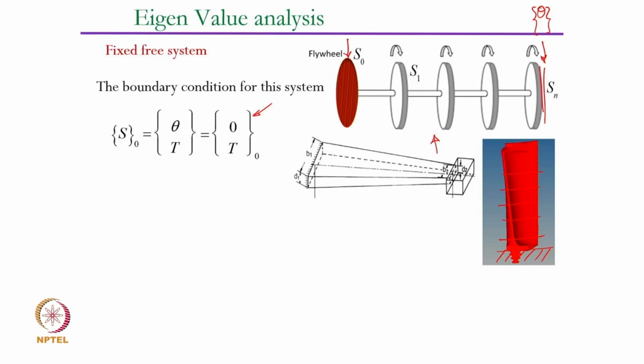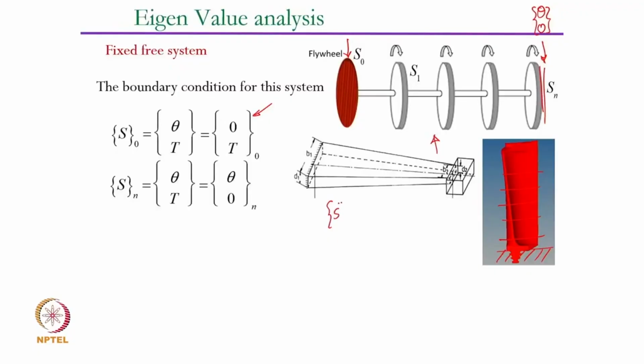What about the twisting moment or torque at the free end? It's a free end, so there is no torque acting, right? That is going to be 0. So now you have Sn formulated with torque being 0 at the free end, and you have theta and 0 as the two state variables defining the station n.